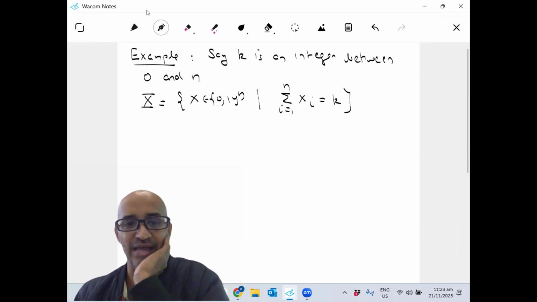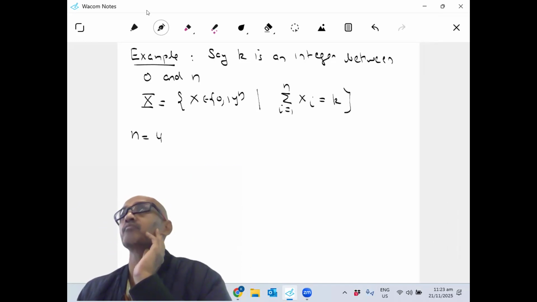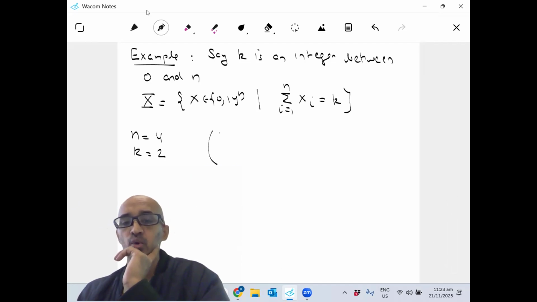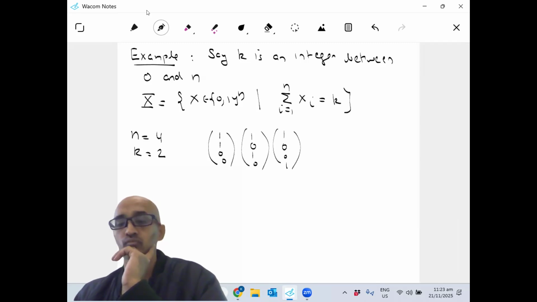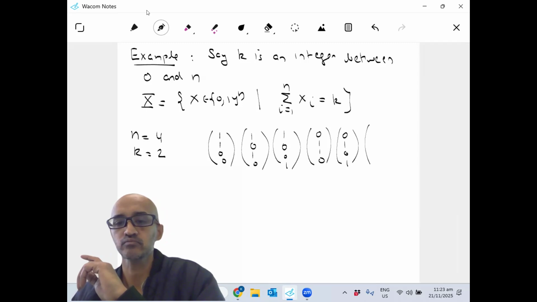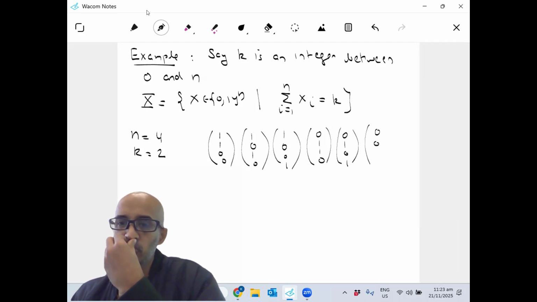For example, let's say n is equal to 4 and k is equal to 2. What are the feasible points in the set? The feasible points are (1,1,0,0), (1,0,1,0), (1,0,0,1), (0,1,1,0), (0,1,0,1), (0,0,1,1).